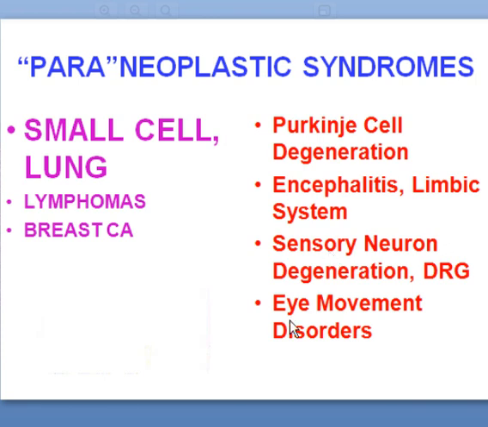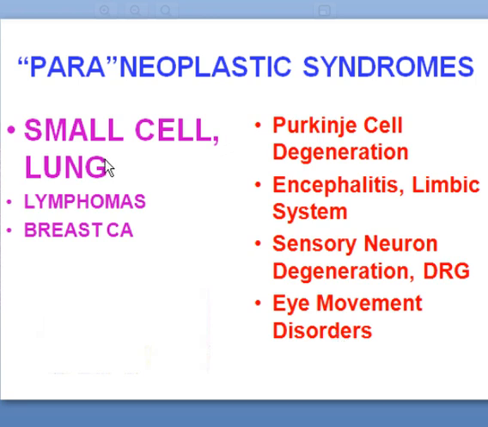An elderly patient comes in to a good neurologist with one of these symptoms, and that good neurologist will think, does this patient have a cancer somewhere? Of course, it doesn't have to be. But of all the cancers that can cause these various paraneoplastic central nervous system syndromes, small cell is at the top of the list. Lymphomas are frequently mentioned.